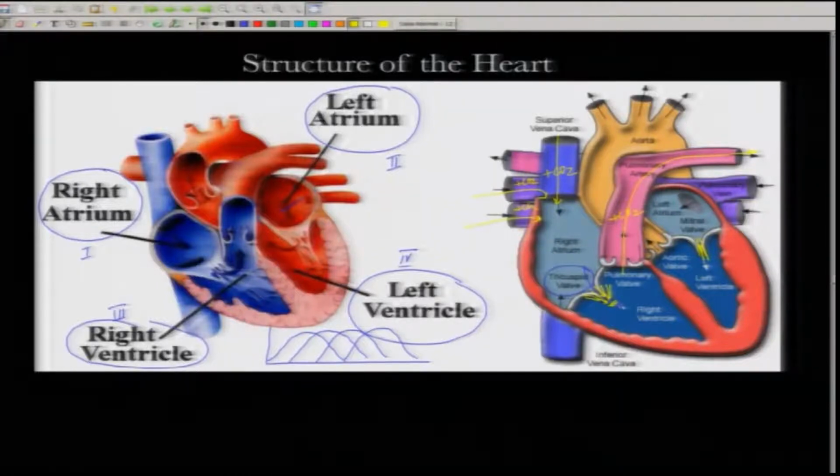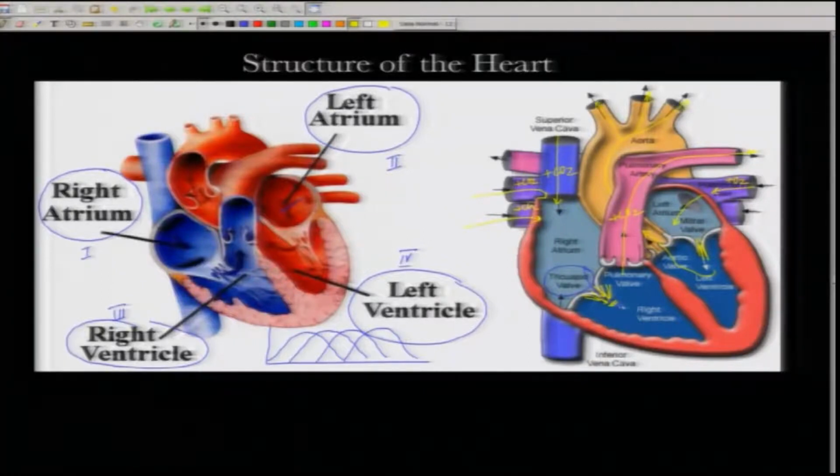From the right atrium, it moves to the right ventricle. From the right ventricle, through the pulmonary valve and the pulmonary artery, it goes to the lungs, and through the pulmonary vein, the only vein in the body carrying oxygenated blood, it comes to the left atrium, and from the left atrium, it moves to the left ventricle, and from there through the aortic valve, it is pumped through the aorta to the different parts of the body.